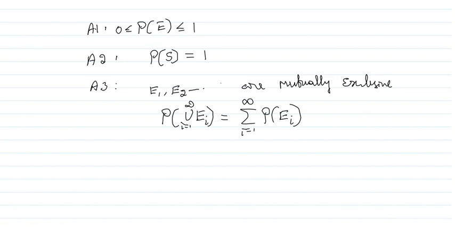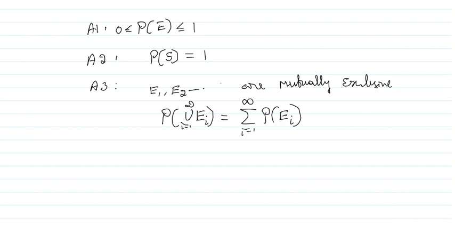So these are the three axioms of probability. The definition we have taken here is that you are performing a random experiment for which you know the sample space, and now you are defining a function on the sample space. You take all subsets of the sample space, and those are what we call events.